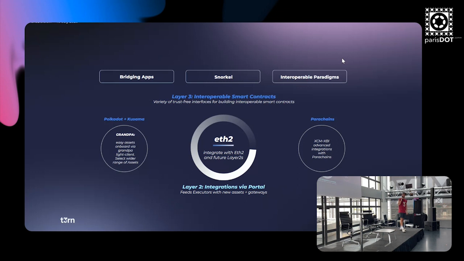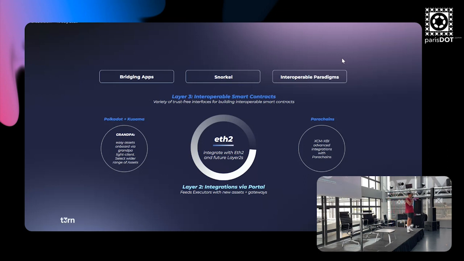So what we've been working on for the past year is the GRANDPA light client. What's now being deployed for the testnet parachain on Rococo for T3RN is a GRANDPA light client for Rococo, for Polkadot, and Kusama. What it means is that you can essentially tap into the state and integrate with any of the Polkadot and Kusama parachains.